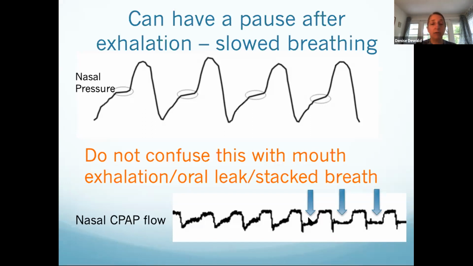They're either exhaling through their mouth, or their soft palate's gone up and it's blocking an exhalation into the CPAP mask. And they may just be stacking their breath. But that's what you're seeing here. So you want to be able to understand that a normal exhalation has this shape. It does not have this shape. There's something wrong here. Okay.